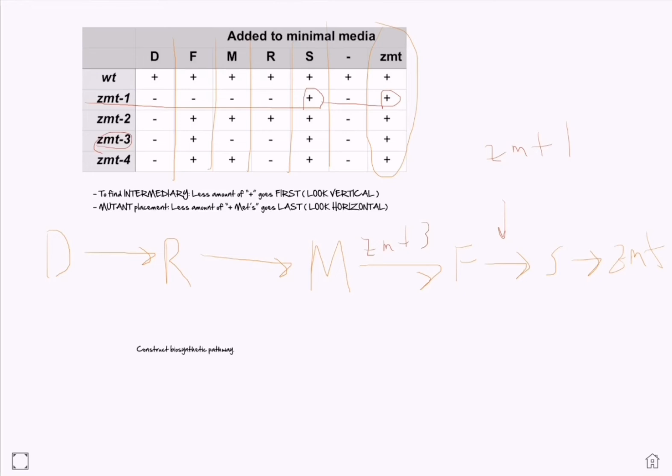Is there anywhere that has 3 pluses? Yeah, ZMT4 has it. And lastly, we see that ZMT2 has the most pluses if you stop at S in the pathway, which is 4. So ZMT2.